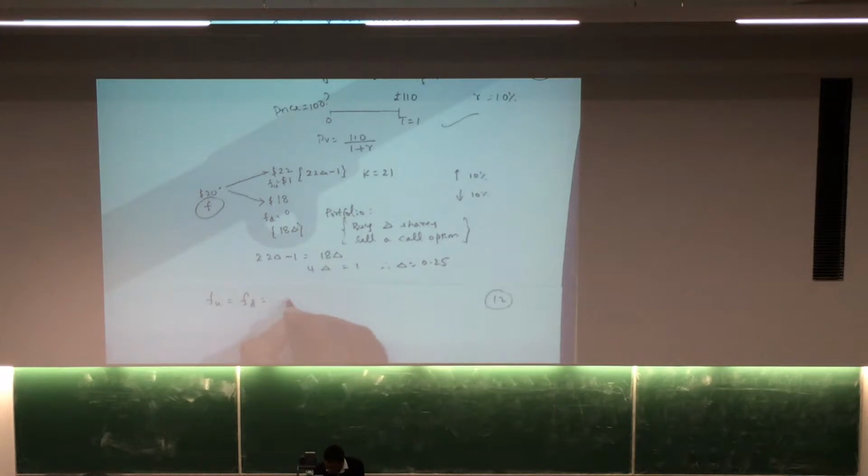It is going to be 22 delta minus 1, which is nothing but 22 times 0.25 minus 1.